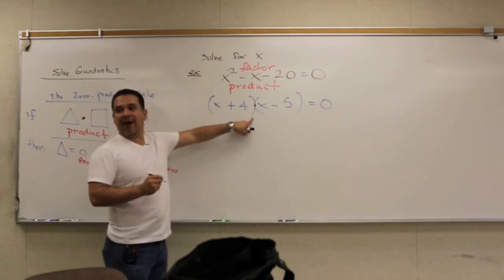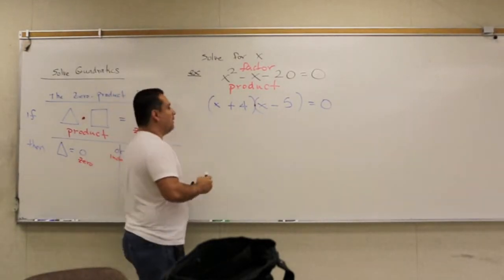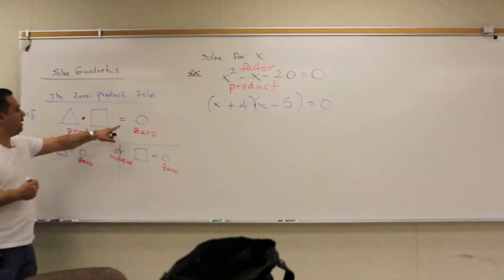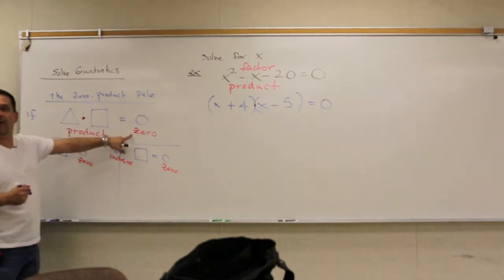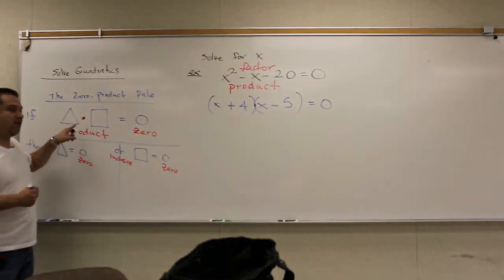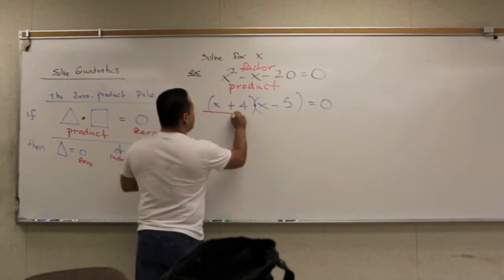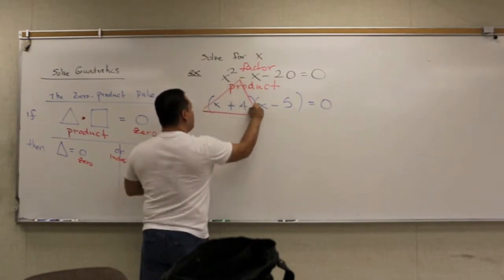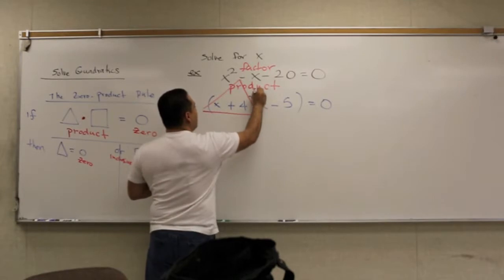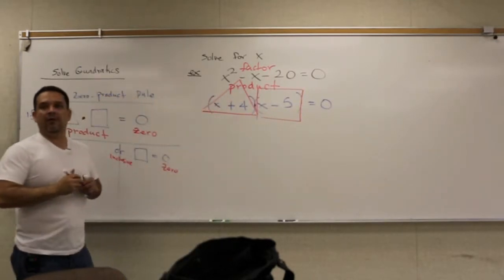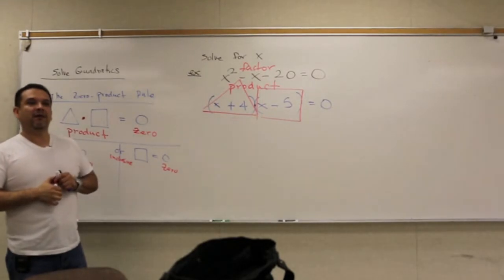So you're going to have to factor. After you factor, take a look. Do you have a zero product rule situation? What do you guys see? Do you see a triangle here, or a square?